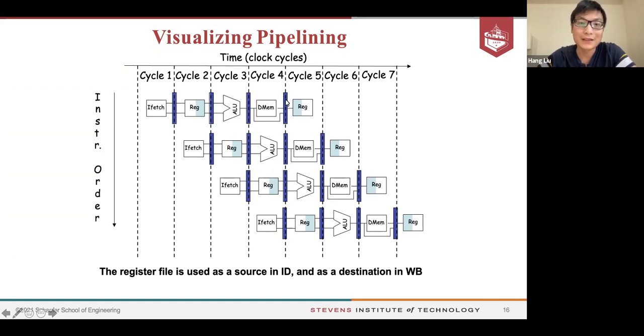So you can see at cycle 4, the first instruction is at memory access, and the second instruction is at execution. The third instruction is at instruction decoding, and the fourth instruction is in instruction fetch. So assuming you have this 5-stage pipeline with components like instruction fetch, instruction decoding, execution, memory access, and write back, at cycle 4 different instructions are actually using different components.